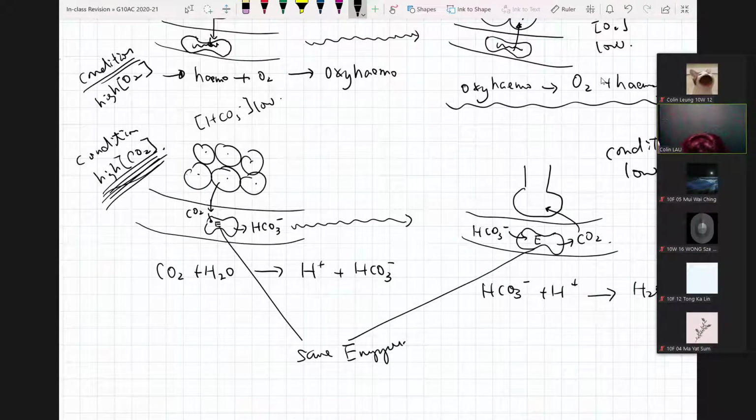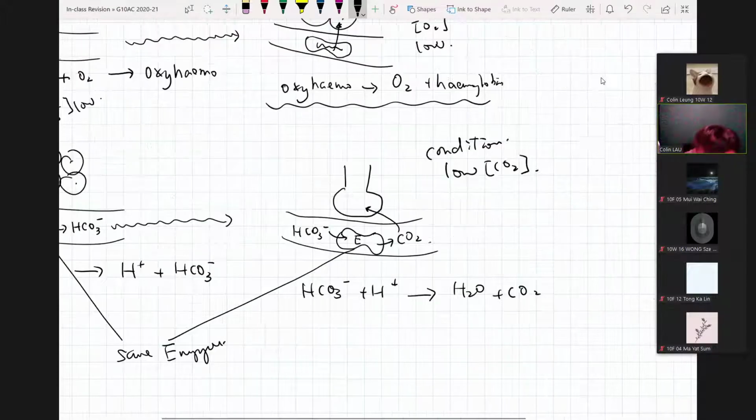So for the CO2 molecules competing with the HCO3 minus for the active site of this enzyme, the chance of CO2 to win will be higher. So more chance for CO2 to bind to this enzyme, more chance for the CO2 to get turned into HCO3 minus.